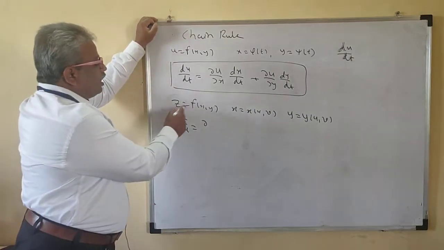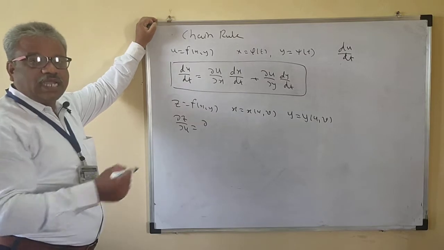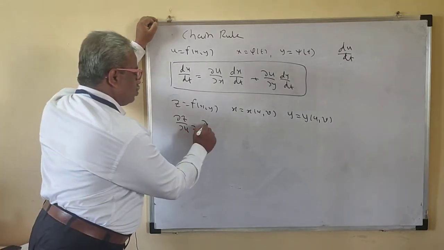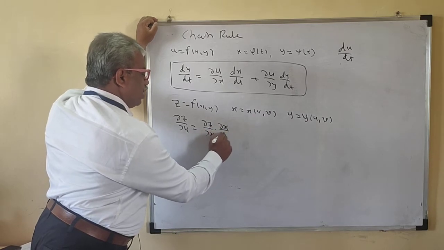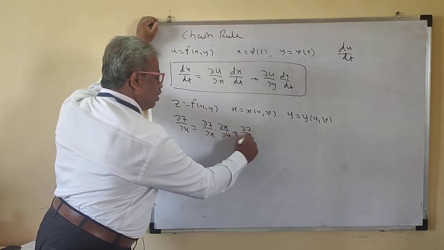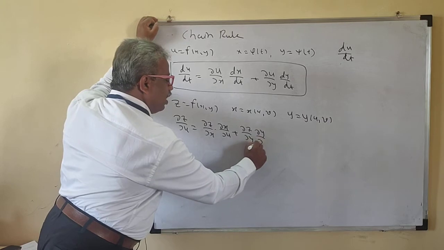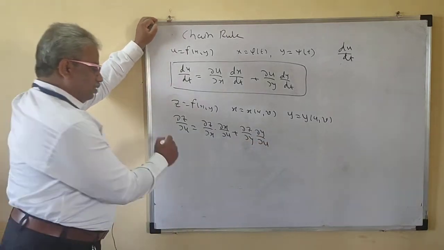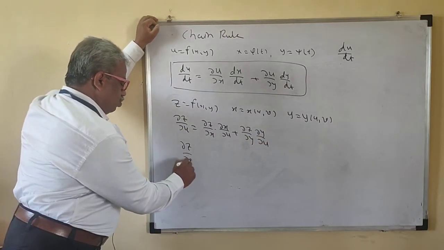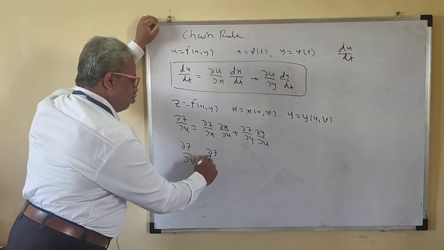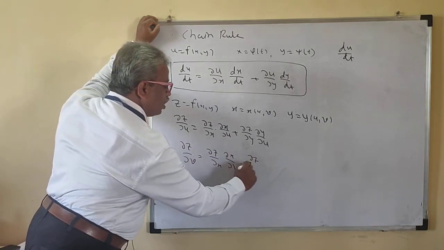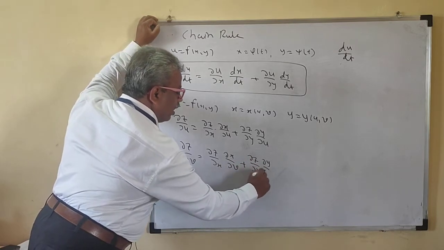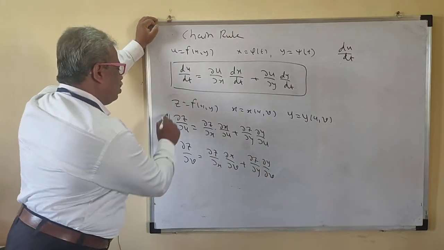You cannot differentiate z directly with respect to u because z is a function of x and y. So it is partial z by partial x times partial x by partial u, plus partial z by partial y times partial y by partial u. Similarly, partial z by partial v is partial z by partial x times partial x by partial v plus partial z by partial y times partial y by partial v. Remember these two chain rules.